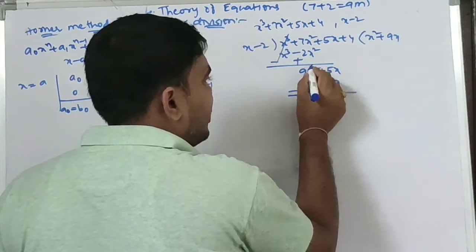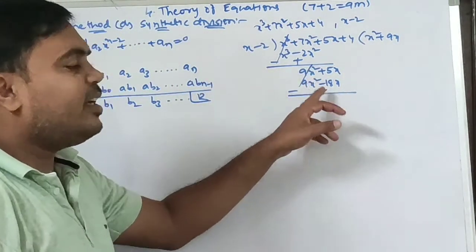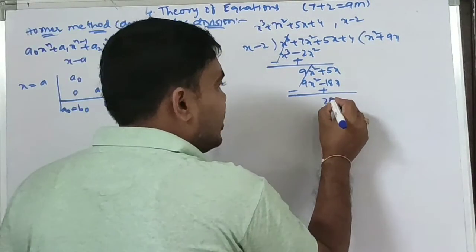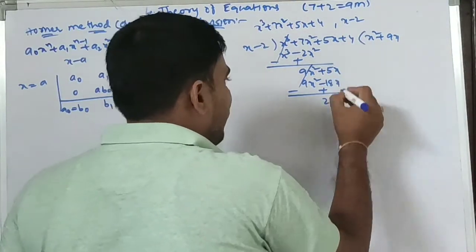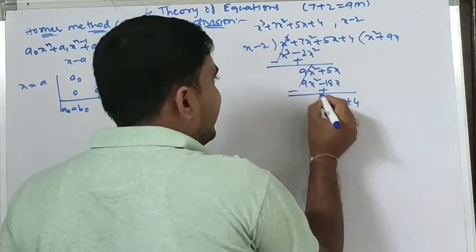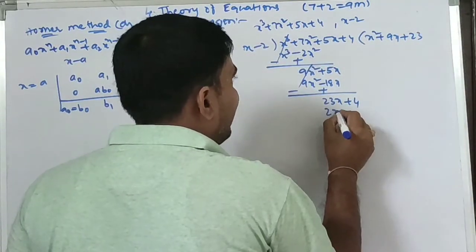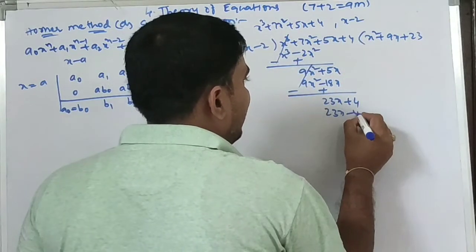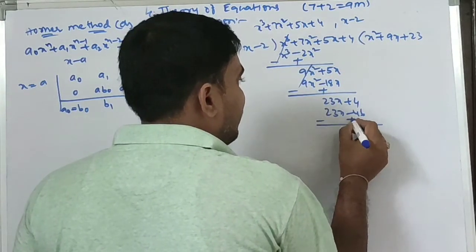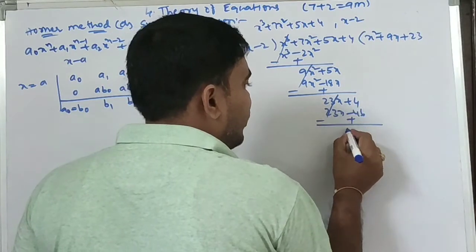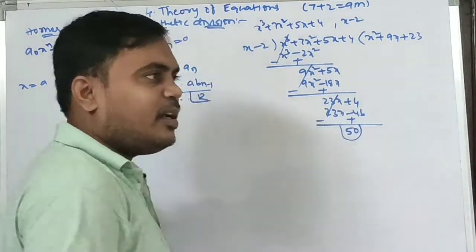Minus plus, 9x square cancels. 5x plus 18x, 23x. Next, keeping 4 down. 23x by x, 23. x into 23, 23x; minus 2 into 23, minus 46. Minus plus, 23x cancels. 4 plus 46, 50. So the remainder is 50.